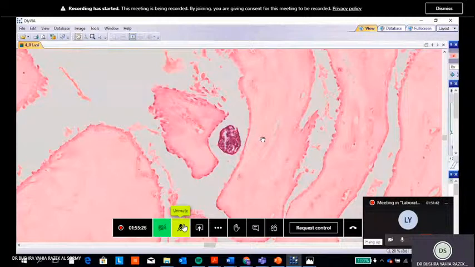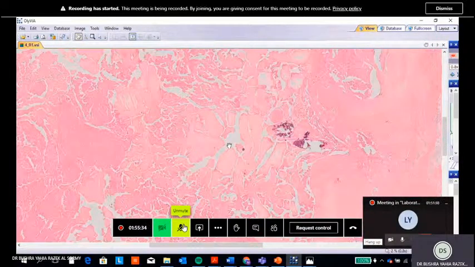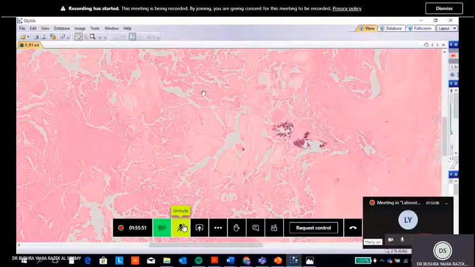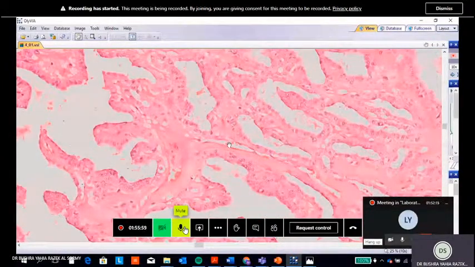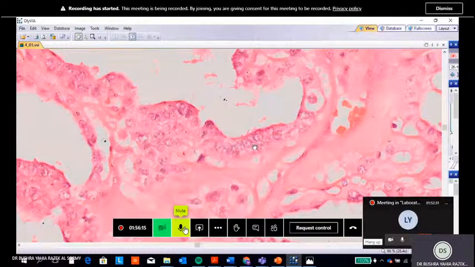If there is papillary carcinoma in the ovary, it doesn't have these nuclear features, the ground glass, grooves and pseudo-inclusions. They are just malignant columnar cells forming a papillary structure, also in the kidney and elsewhere. But in the thyroid, only thyroid papillary carcinoma has this unique feature. Unique means there are no such features in other tumors. The nuclear features, ground glass, pseudo-inclusion, nuclear groove, only papillary carcinoma of the thyroid has them.